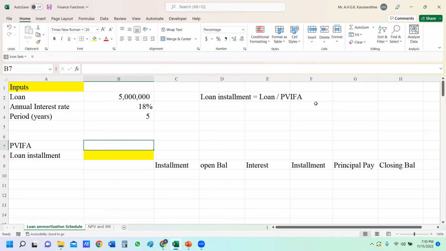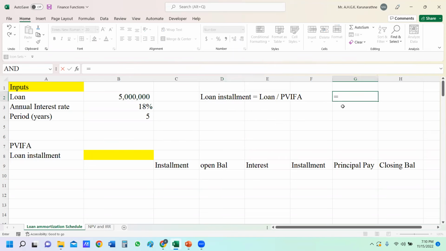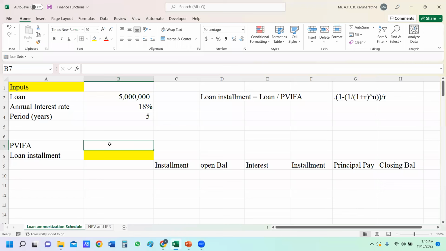Second, we will compute the present value interest factor of an annuity. What is the formula? That is 1 minus 1 over (1 plus R) to the power n, and the whole should be divided by R. So that is the formula for the present value interest factor of an annuity.